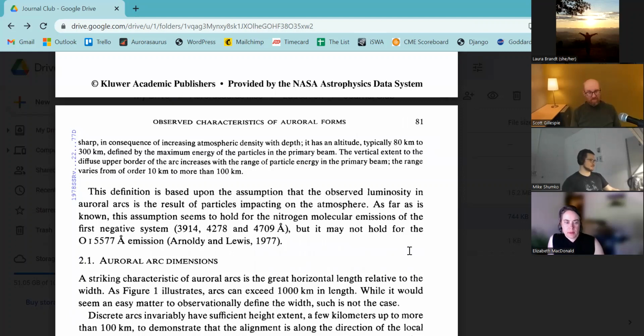Yeah, so the part in the sentence before is that he's talking about the luminosity being proportional exactly to the emitted light. So the luminosity is what we measure, but the luminosity being proportional to the energy that's deposited in this specific energy range. And so this is something that people still do the science on, how we can take the luminosity in specific wavelengths, because we know that the auroral light comes out in specific wavelengths.